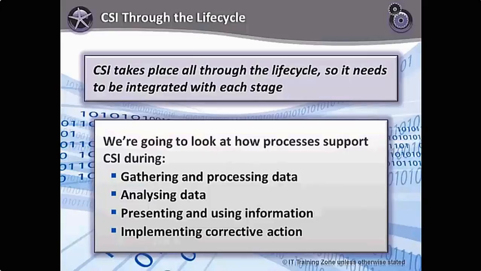In this lesson, we'll study how various processes support continual service improvement during these key activities: gathering and processing data, analyzing data, presenting and using information, and implementing corrective action. You'll recognize these activities as part of the 7-step improvement process that we've studied in the previous lesson.